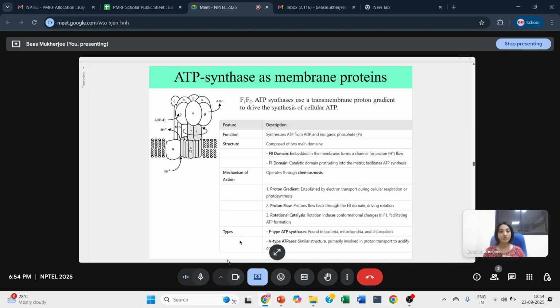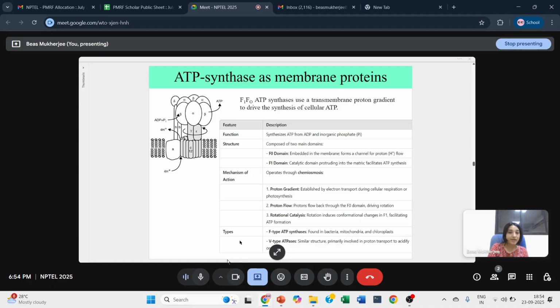Protons flow back through the F0 domain, driving rotation. Rotational catalysis happens: rotation of F0 induces a conformational change in the F1 particle, facilitating ATP formation.